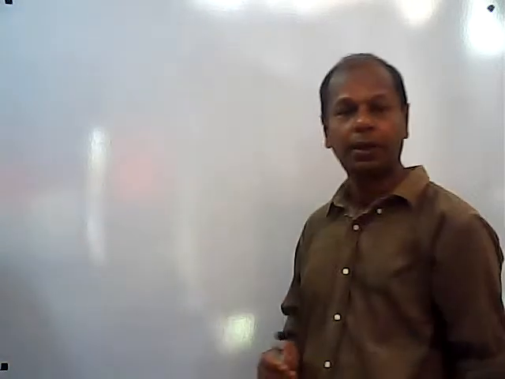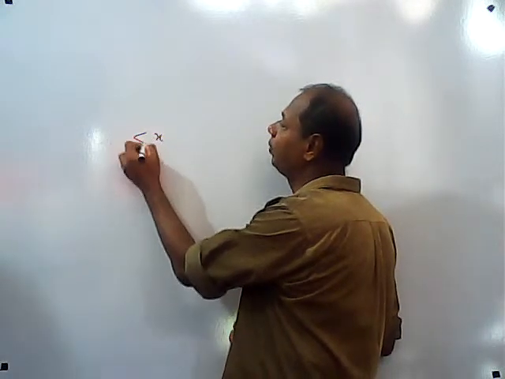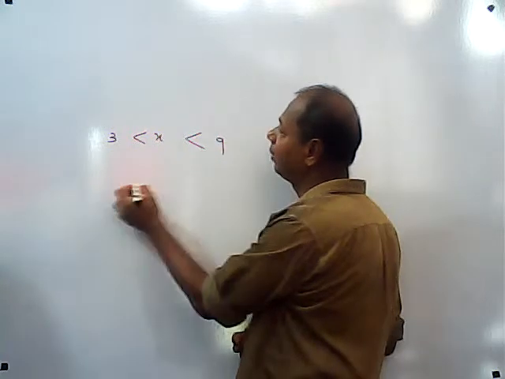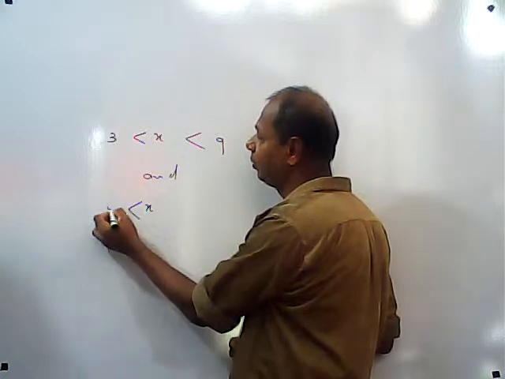Right. Now we don't take the range between minus 2 and that. Think like this: one says x is between 3 and 9, and the other says x is between, say, 5 and 11.